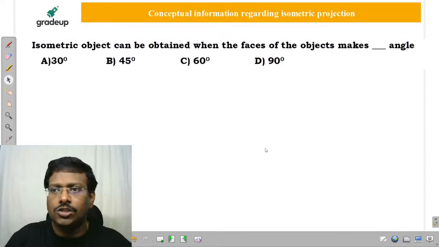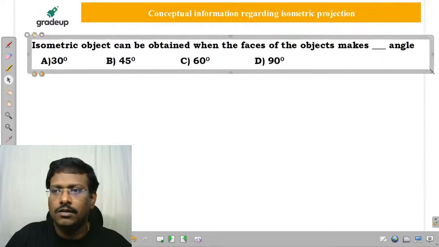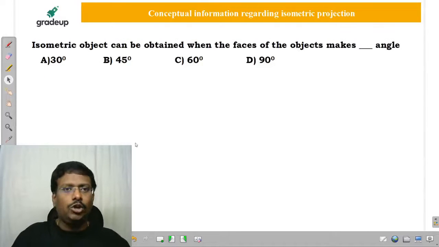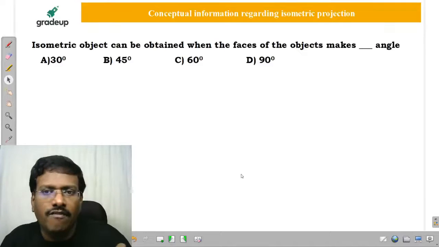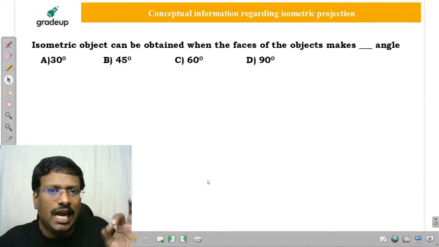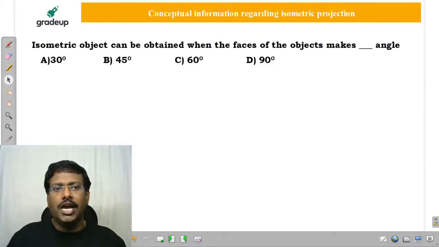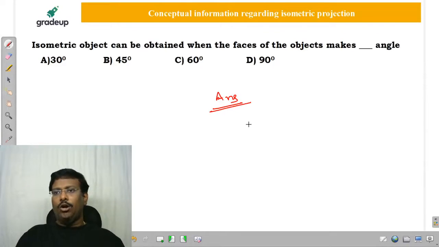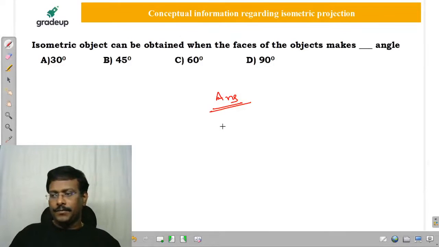What is the answer for this question, my dear friends? Isometric object can be obtained when the faces of the object make what angle? I hope you are already aware of this. The faces should make how much inclination? 45.